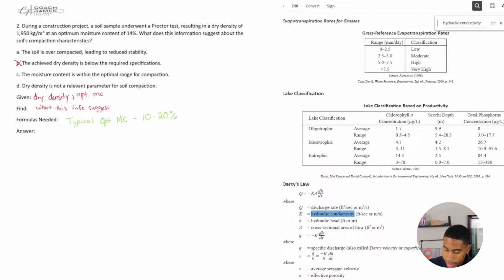And also it lets you know it corresponds to how compact your soil will be. So if you have too much moisture, right, it's going to reduce your stability, right? It's going to be too wet. Your soil is going to be too wet if you have too much moisture.